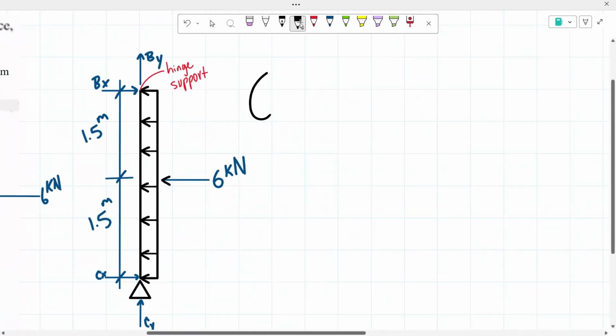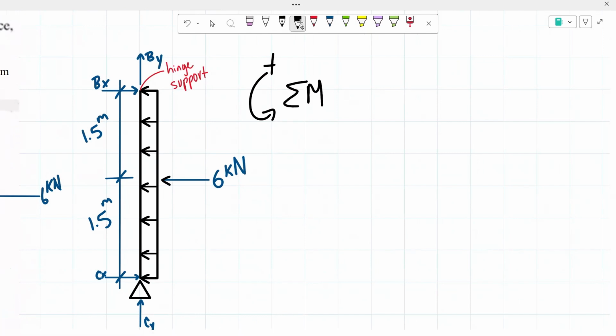So I'm going to be taking the sum of my moments about point C. That means my concentrated force will be creating a moment. It would be creating a positive moment with a force of 6 kilonewtons. And then the distance from my concentrated force to my point C is 1.5 meters.